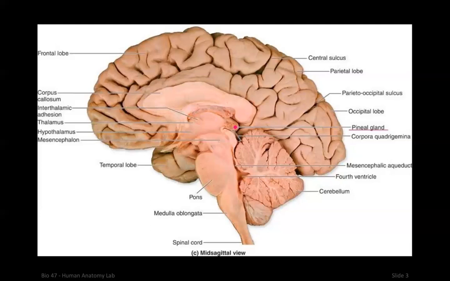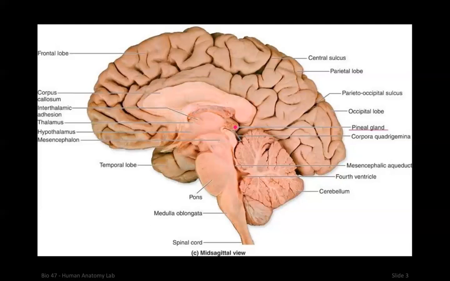And on here, it's labeled as the corpora quadrigemina, meaning the four bodies. That is the two superior colliculi and the two inferior colliculi. So collectively, they're called the corpora quadrigemina. And that's on the posterior side of the midbrain.